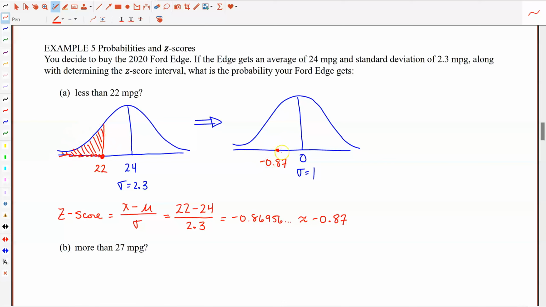I'm going to label negative 0.87, and shade again the area to the left of it, because I want to know the probability of getting that or something less than that. So let's find that area. Our table is already set up to give us areas to the left, which is what I want. So our magic value that we're trying to find is negative 0.87.